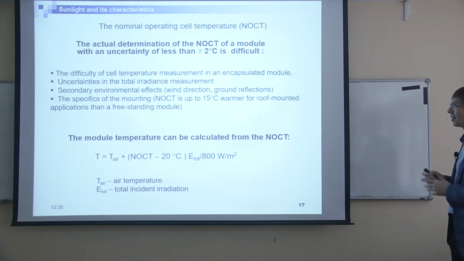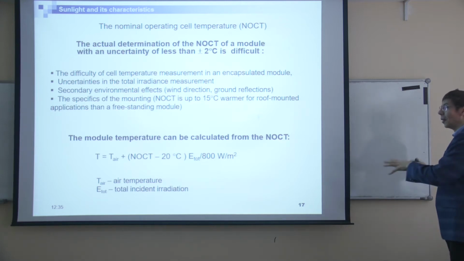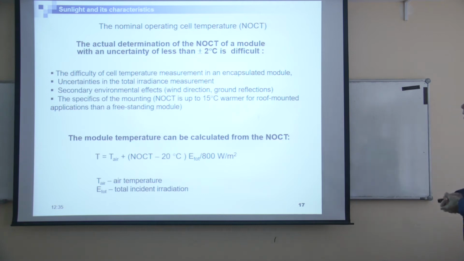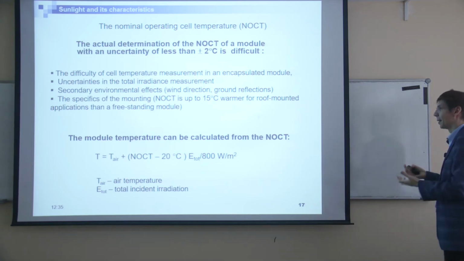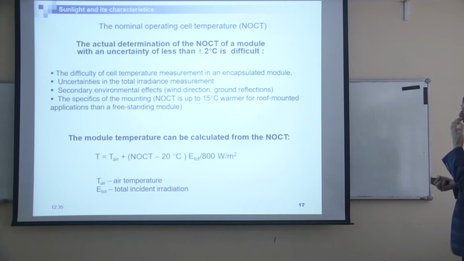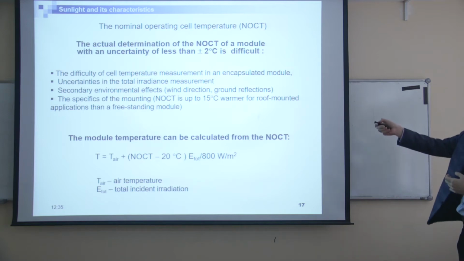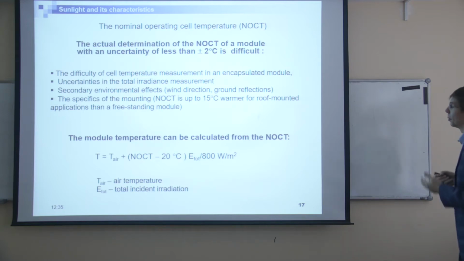So actually it's almost impossible to measure it. It means it's the minimum value they can obtain, because the lower the temperature of the solar cell in this condition, the higher the efficiency we can get. But it's quite difficult to determine this temperature precisely.